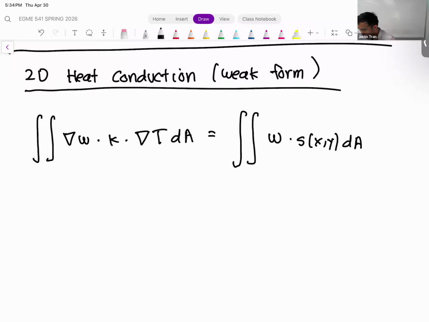Plus, we're going to have a contribution from the Neumann boundary conditions as well. So plus the line integral around the boundary of our weighting function multiplied by q bar ds. So this last term right here, this is our Neumann boundary condition.